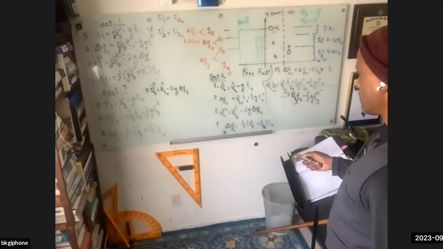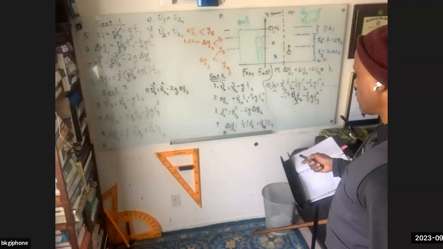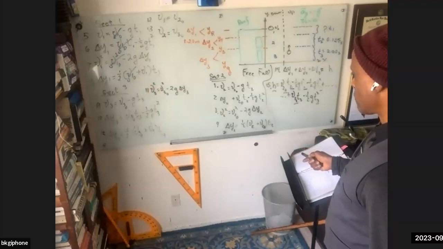Adding those together, this is 1, 2, 3, 4, and here, that's just 1. But I also don't know that distance. And actually, this is 1, 2, 3. I don't know that. And 4, 5. 1, 2, 3, 4, 5.